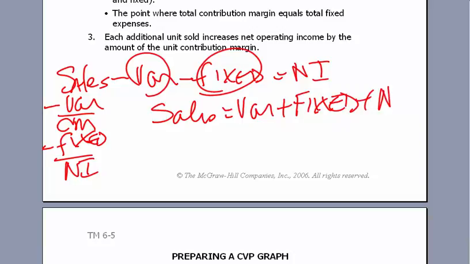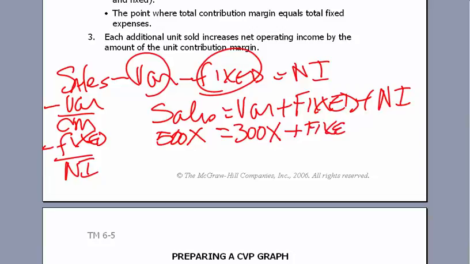plus net income. So what we could do is say, if $500 is our selling price and X is the point at which we break even, then our variable costs are 300 times X, so $300 per bicycle, X again being the break-even, plus our fixed expenses, which was $80,000.